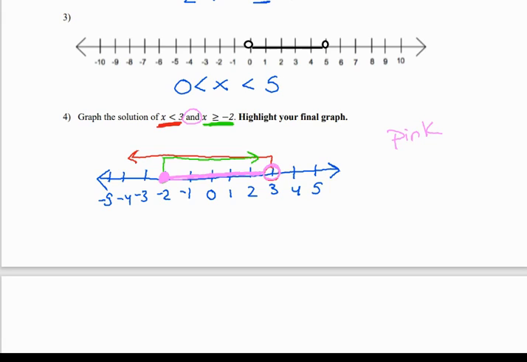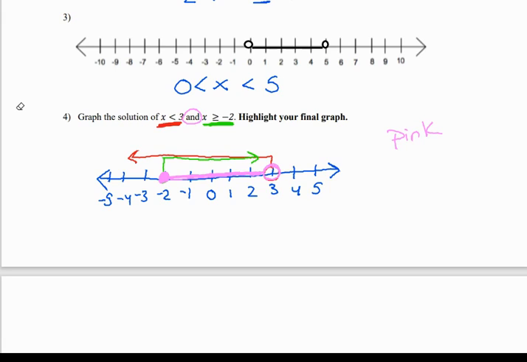So notice how in the directions it says graph the solution, x is less than 3 and greater than -2, and highlight your final graph. So that highlight, I just used the pink, okay? This arrow right here, we don't want it to go on and on forever because, again, it's an and statement, which means I have to be between those 2.